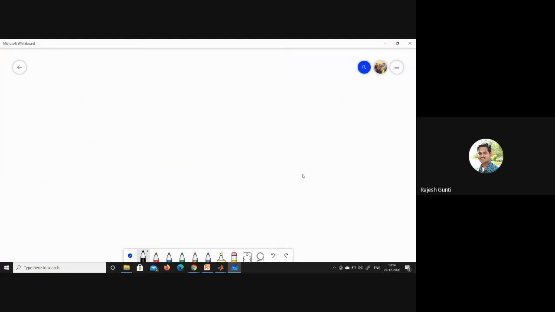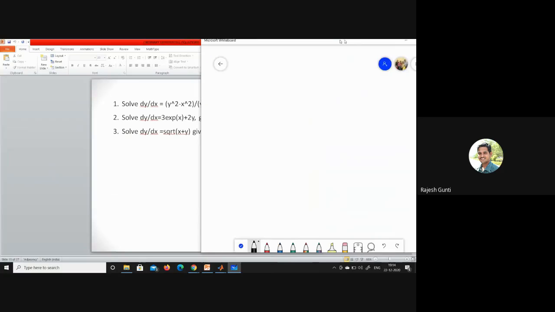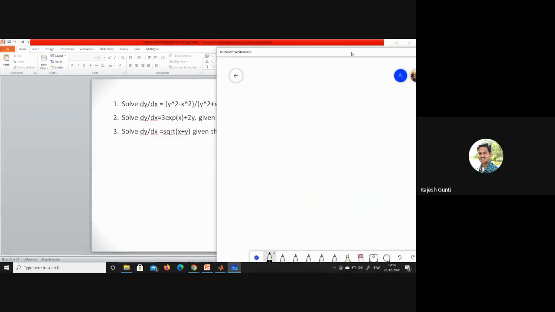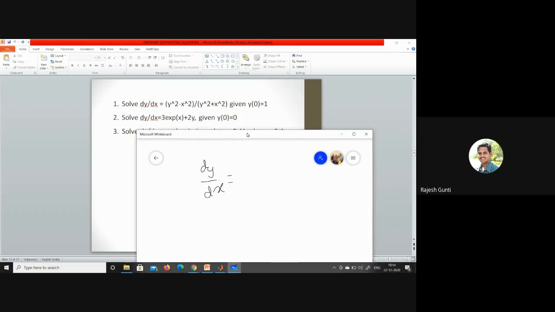Interesting differential equation, this one. My differential equation is dy/dx minus 2y equals 3e^x, with initial condition y(0) = 0. Two things I will do with this problem.